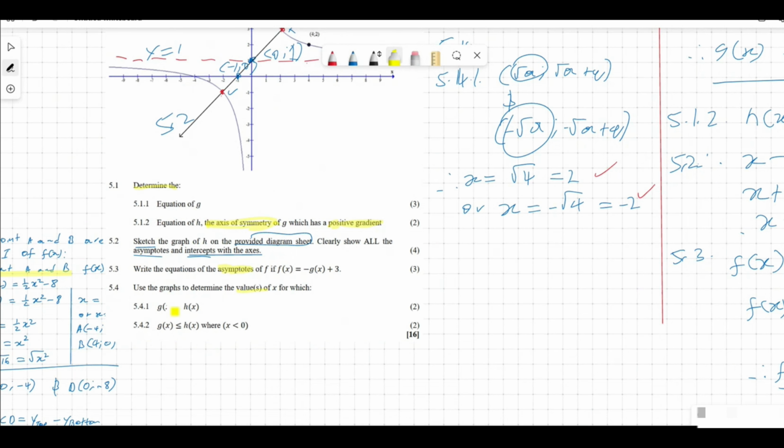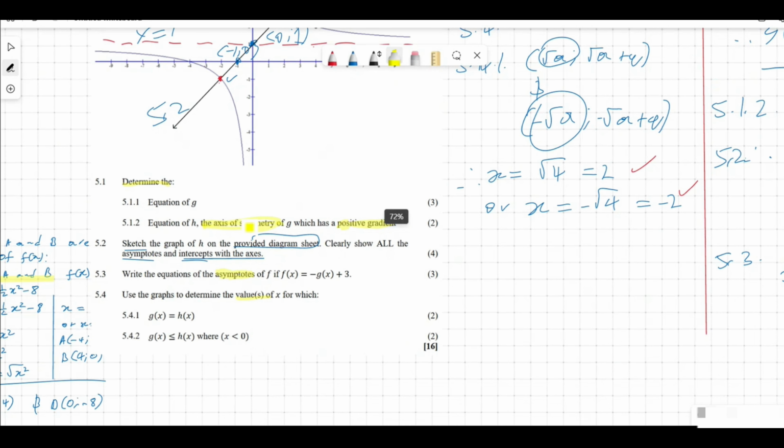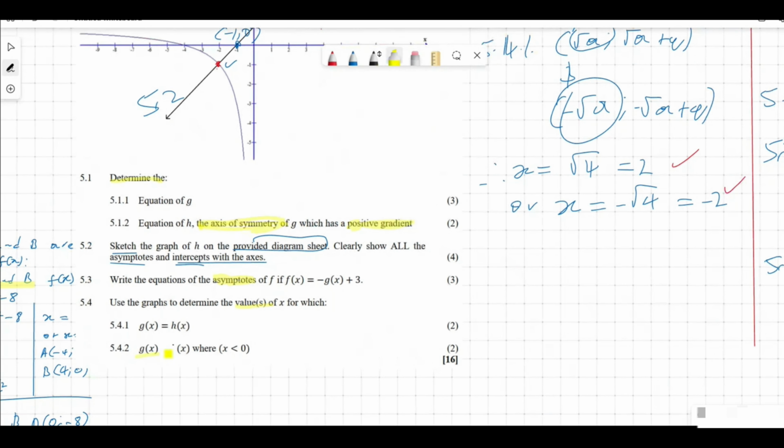Okay, let's analyze what they are saying in this last question of ours. They are saying g is less than h of x. That is to say, the graph of g is below the graph of h, on which side of x? On the negative side of x.